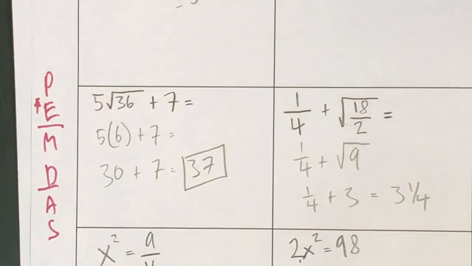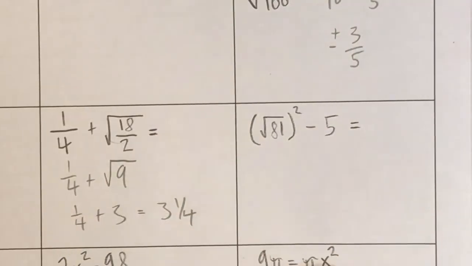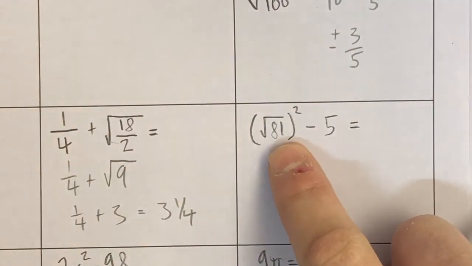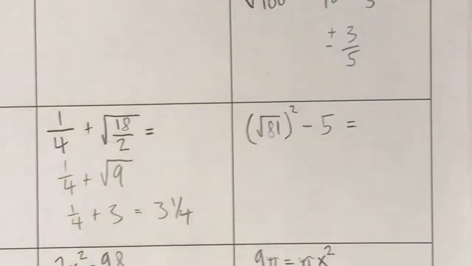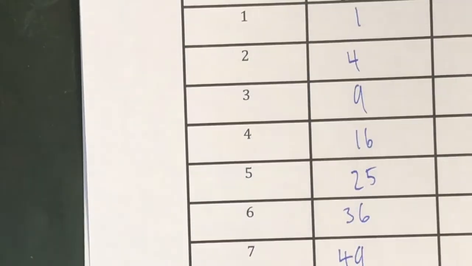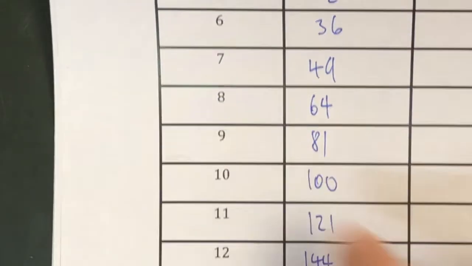All right. And then this last one here is kind of funny. I'm going to do what's in the parentheses first. So in parentheses, we have the square root of 81. Well, if I go to my list of perfect squares, the square root of 81 is 9.